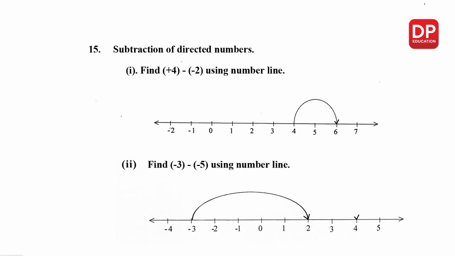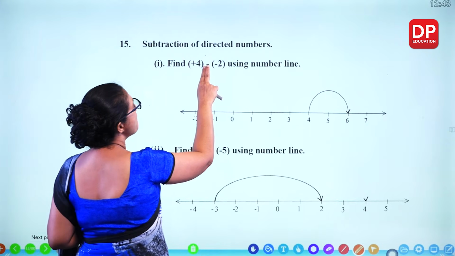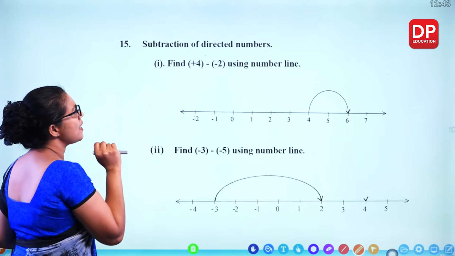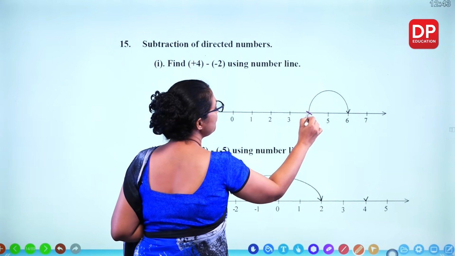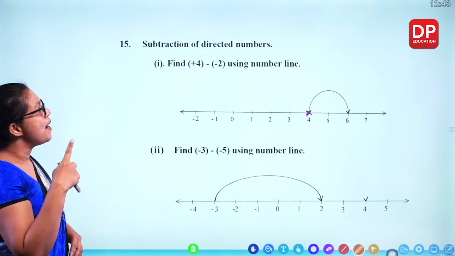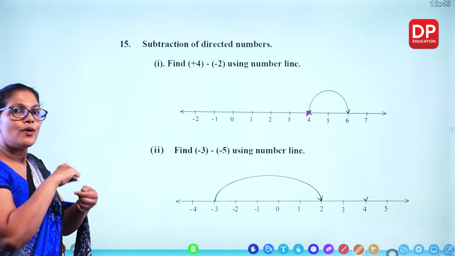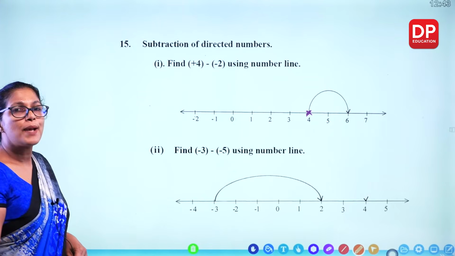Subtraction of directed numbers. Now you are asked to find out plus 4 minus minus 2 using number line. So what's the starting value? Plus 4. Here subtraction is left and minus 2 you need to get the opposite direction. So that means plus 2.